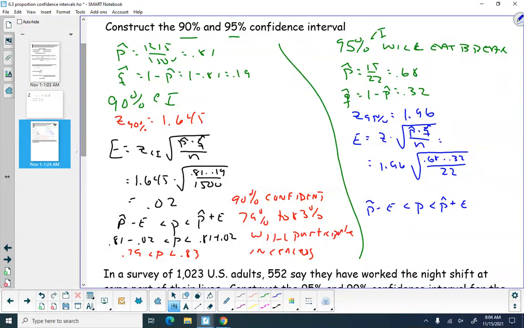Now, this error might be a little bit larger here, and the reason why is our sample size is not very big. Our n is only 22. If we increase that sample size, that would give us a better result.